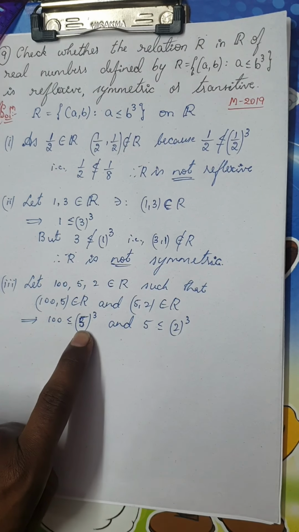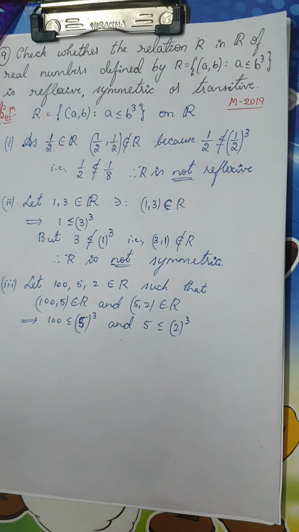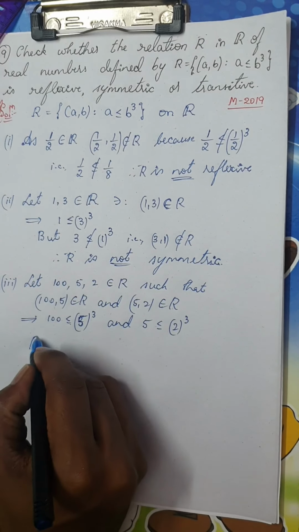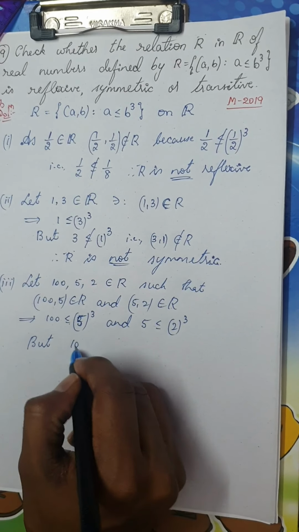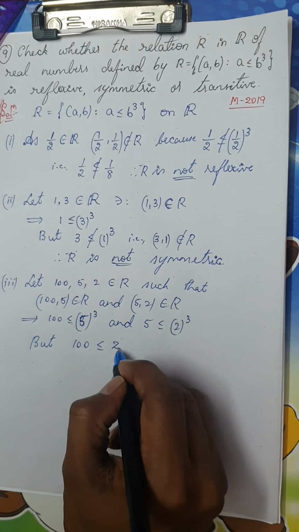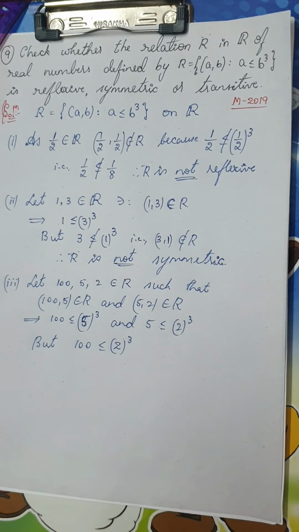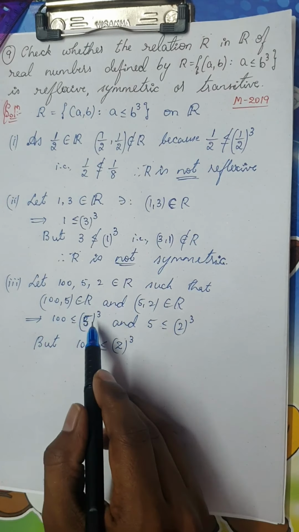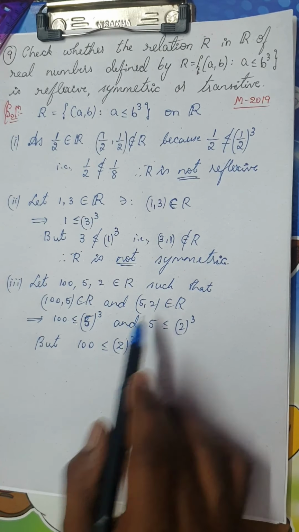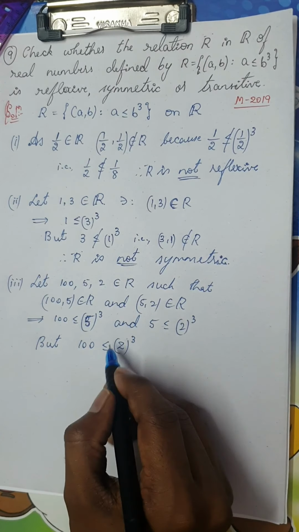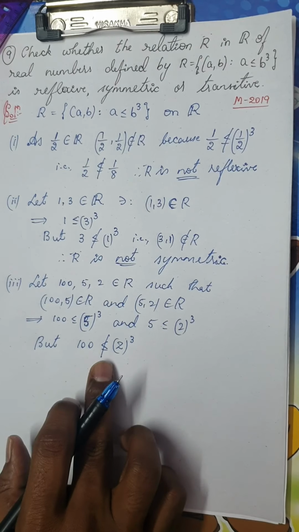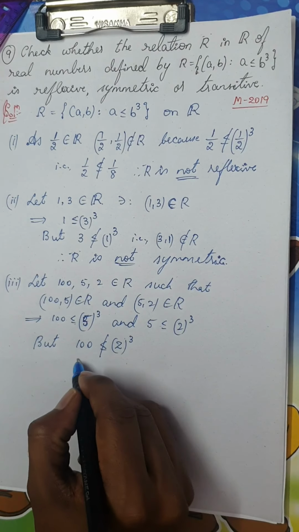But 100 is not less than or equal to 2 cube. Remember: a related to b, b related to c, but a not related to c. 100 is not less than or equal to 2 cube. What does that mean?